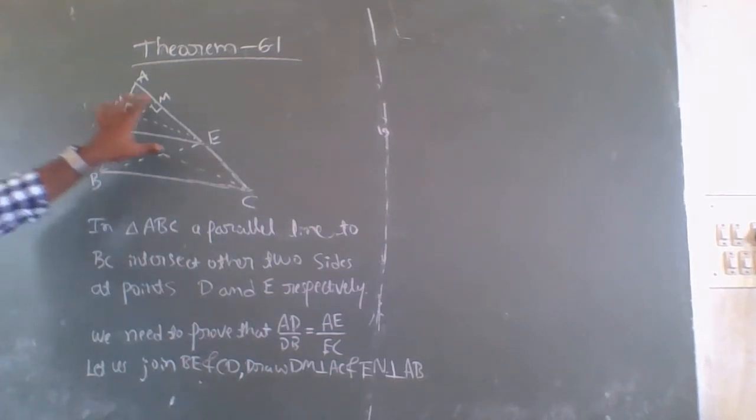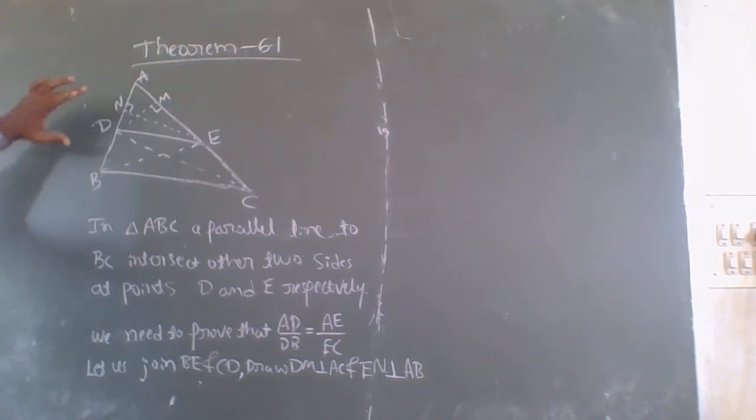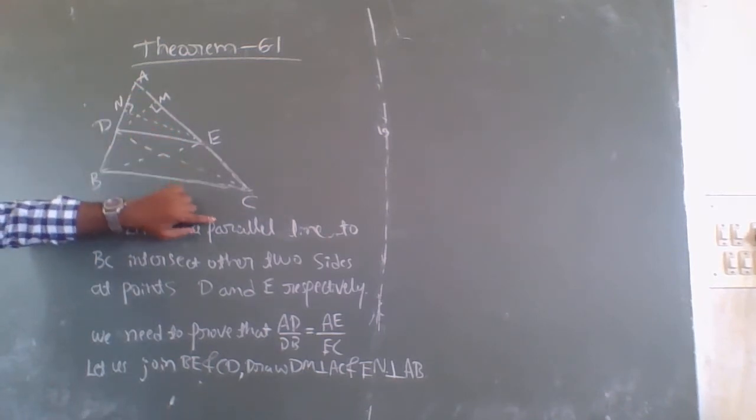Means here in AB, AD by DB equals AE by EC.